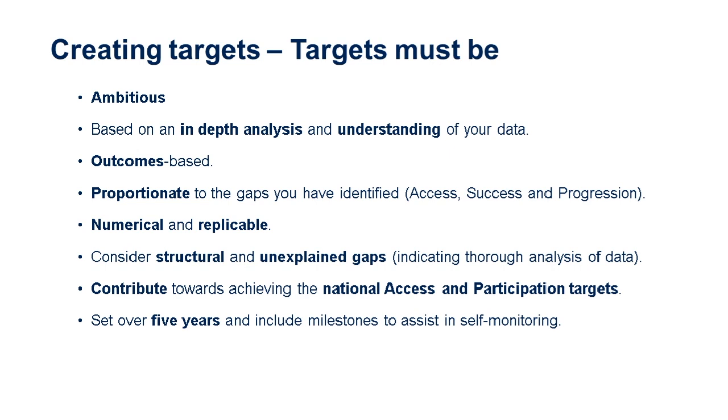And also these targets should contribute towards achieving the national access and participation targets in the OFS KPMs, if relevant. And I know Elizabeth addressed in a question earlier saying that if there were no gaps in where the OFS KPMs are set, then we do not necessarily expect you to set a target in that area. And they should also be set over 5 years and include milestones for every year of your access and participation plan.